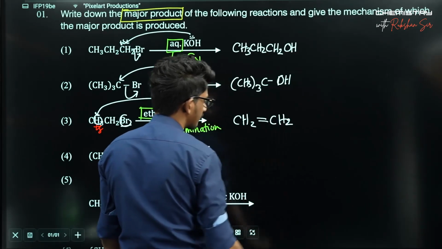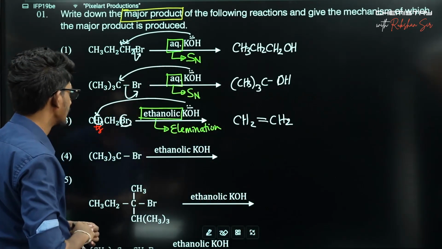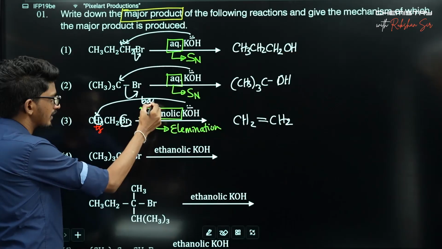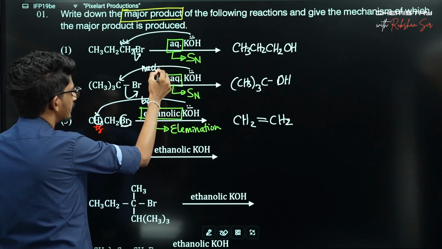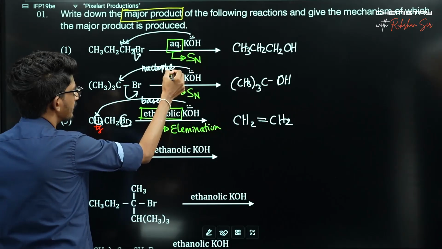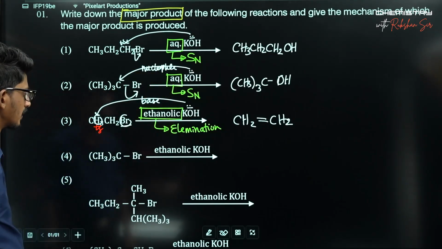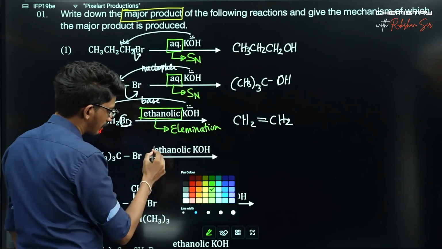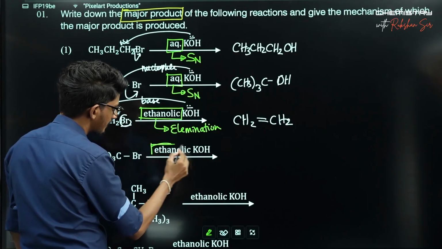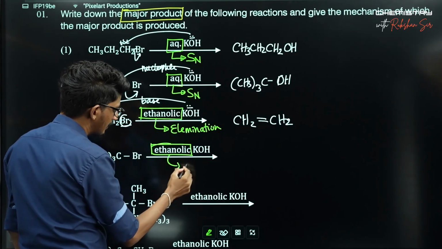The elimination product, where OH minus is acting as a base. As a base, it will attack. In the previous case, it acted as a nucleophile. Even with this one, you are supposed to come up with the elimination product.